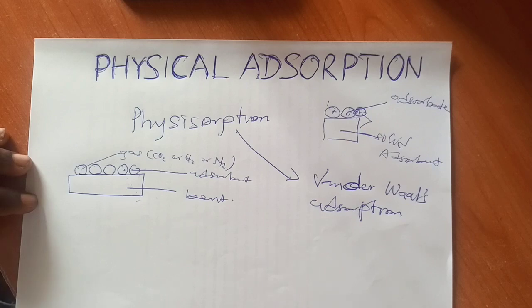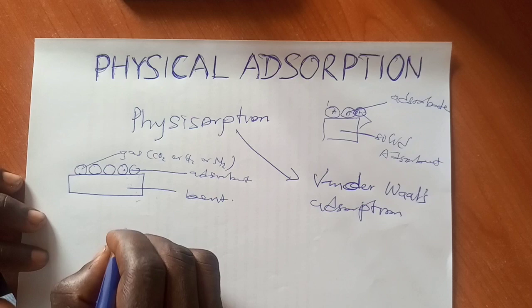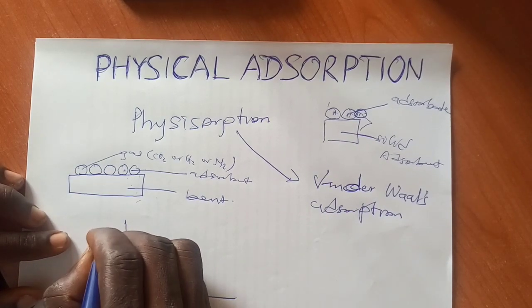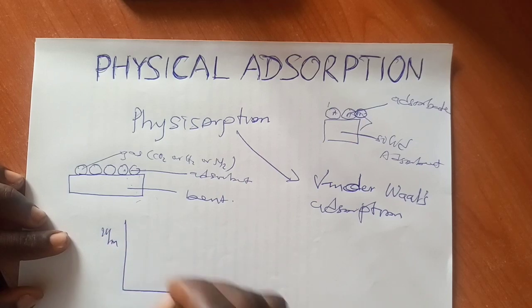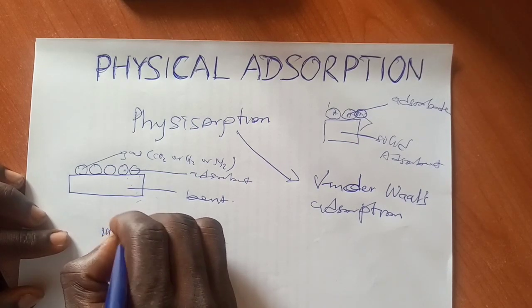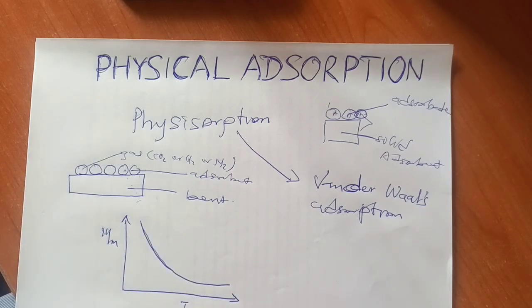Before I go to chemisorption, the adsorption isotherm or isobar you can create for physisorption, with x over m against T, is usually something like this. This kind of isotherm describes physisorption.